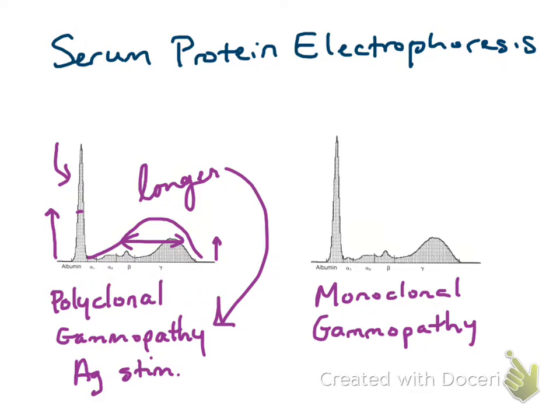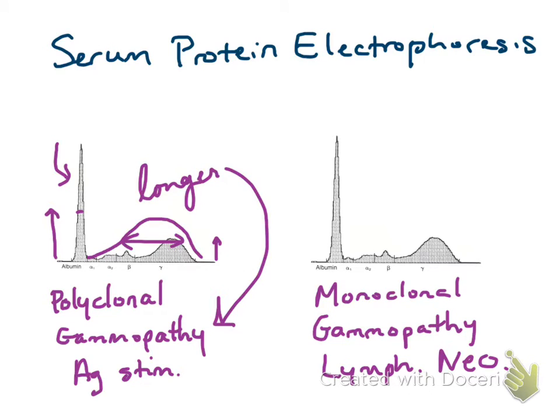With a monoclonal gammopathy, there's lots of the same clone of lymphocyte producing the same immunoglobulin. So this occurs with lymphoid neoplasia. So either lymphoma or a plasma cell tumor such as multiple myeloma. So there's lots of these same clonal population of lymphoid cells producing the same immunoglobulin that has the same size and the same charge.